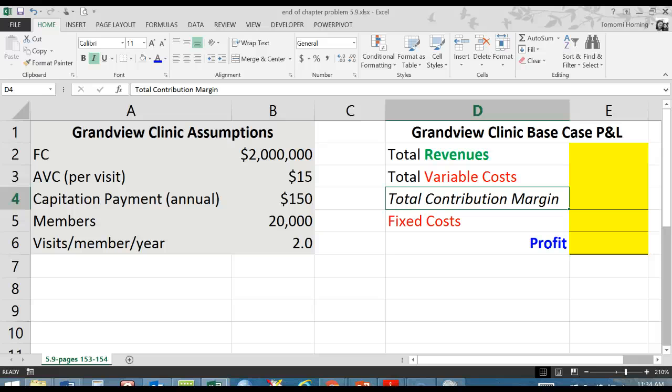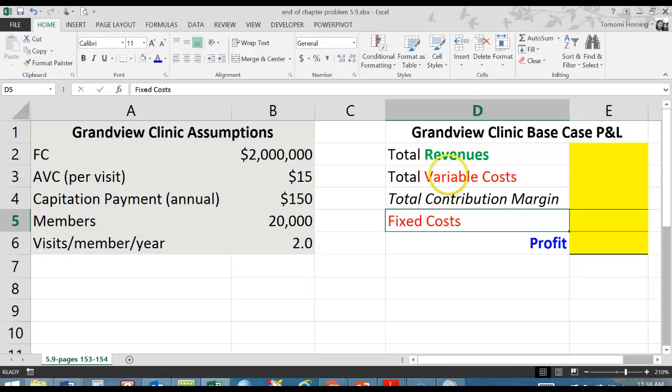Not all base case P&Ls will have a total contribution line specifically carved out, but it will have the other pieces. Now, variable costs and fixed costs may not always be labeled variable costs and fixed costs. In its place, you will most oftentimes have actual labels for the expense, whether it's salary expense, administrative supply expense, med-surg supply expense.